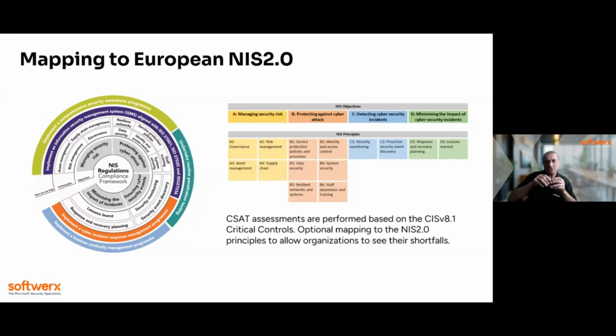NIS2 uses a dozen or so what it calls measures. We can map CIS controls directly to NIS2 measures. So with the report, if you are interested in NIS2, then we can tailor that report and map against the NIS2 measures for you.